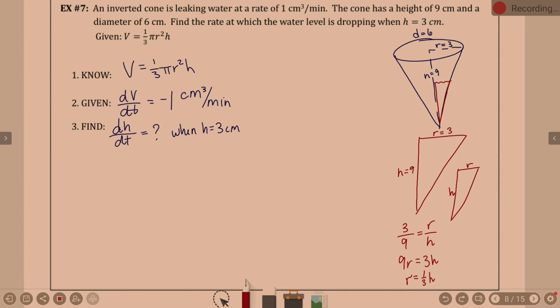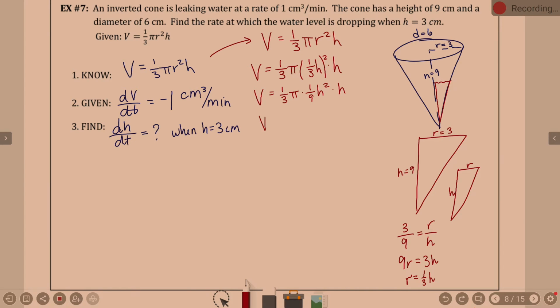So if my starting formula is V equals 1/3 pi R squared H, before you differentiate, replace it. 1/3 pi, what am I using for R? 1/3 H, quantity squared, times H. Well, 1/3 pi, 1/3 H quantity squared. 1/3 times 1/3 is 1/9 H squared, times the H that's already there.